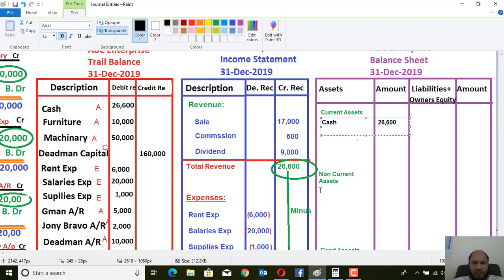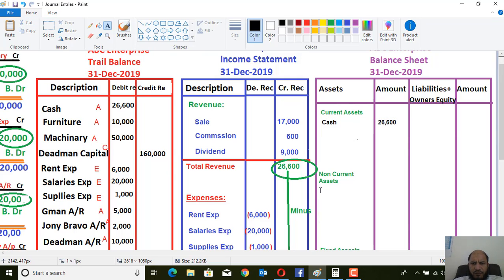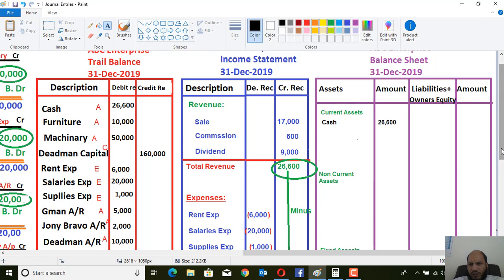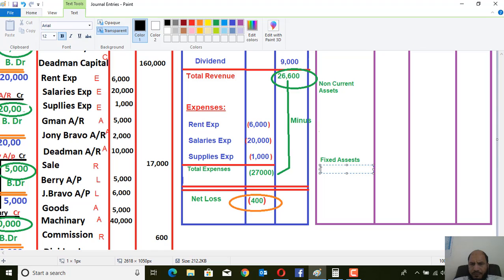Then we have, for example, furniture and machinery as fixed assets. These are non-current assets, just to record this as a fixed asset. The amount which has been allocated to furniture is equal to how much?